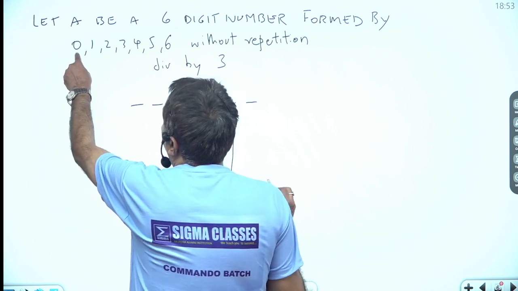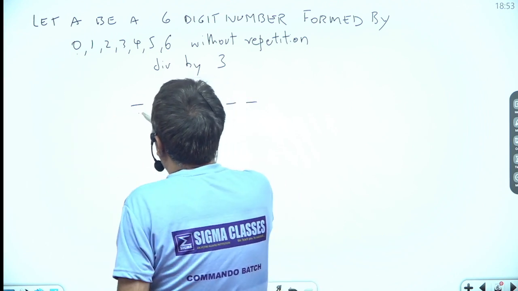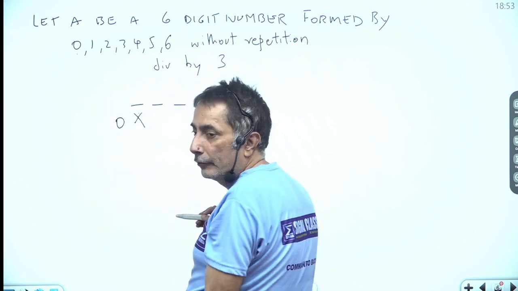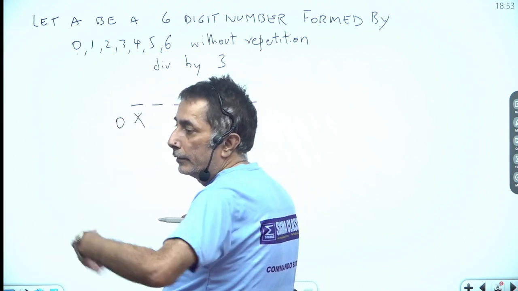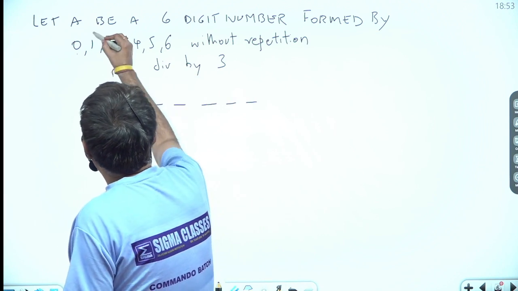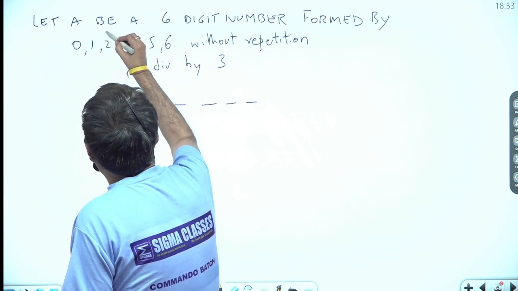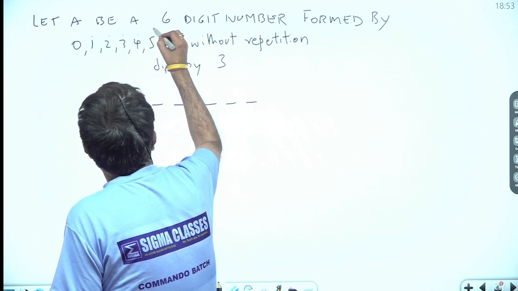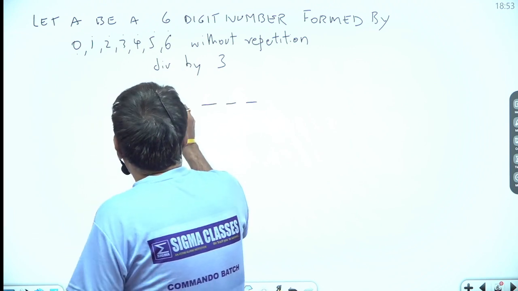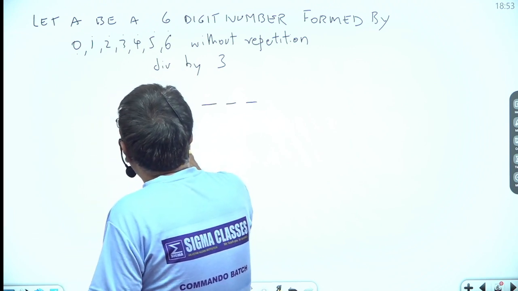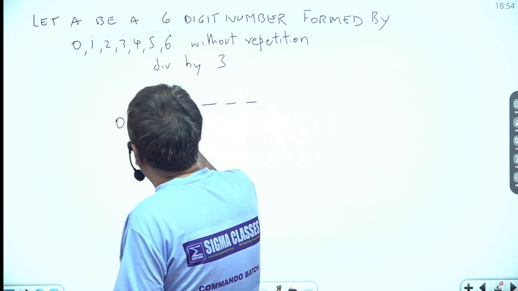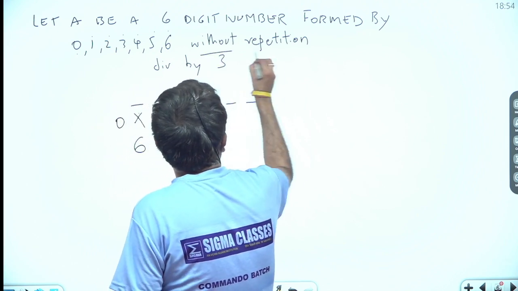Now 0 cannot take the first place, because if 0 comes in the first place, the number means nothing. So the first place can have 1, 2, 3, 4, 5, 6, 6 options. The second place can have 0 also, but it is saying without repetition.